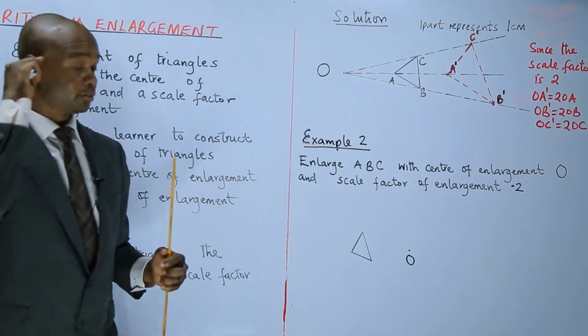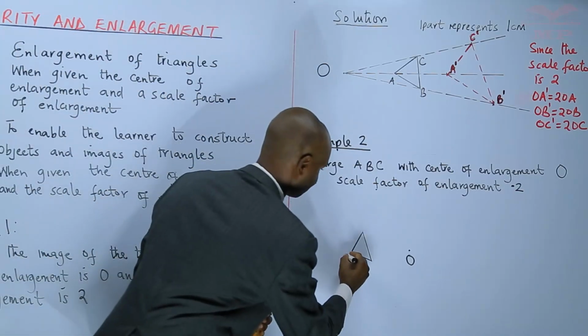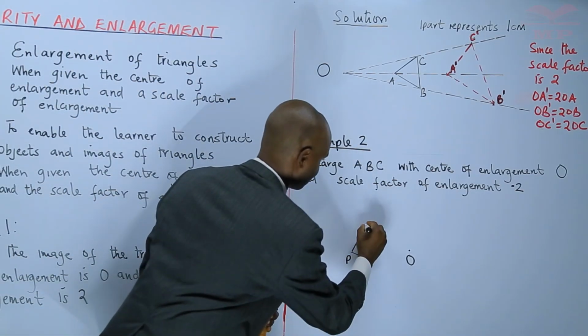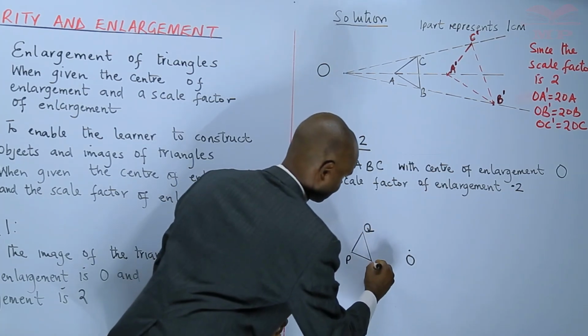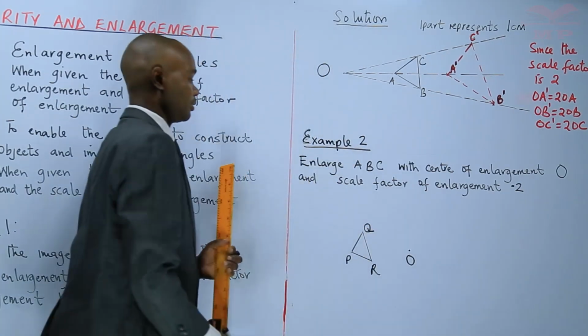So that is my object, learner, and give you PQR. PQR.